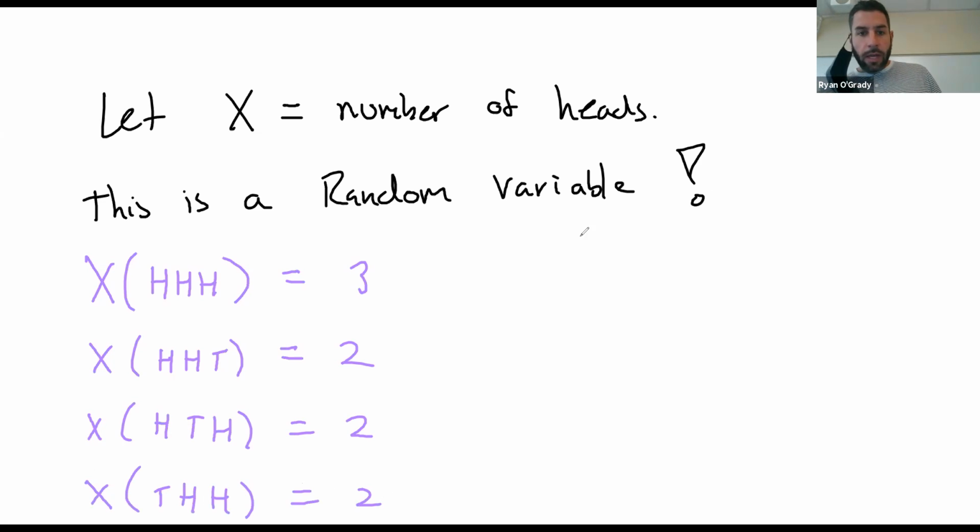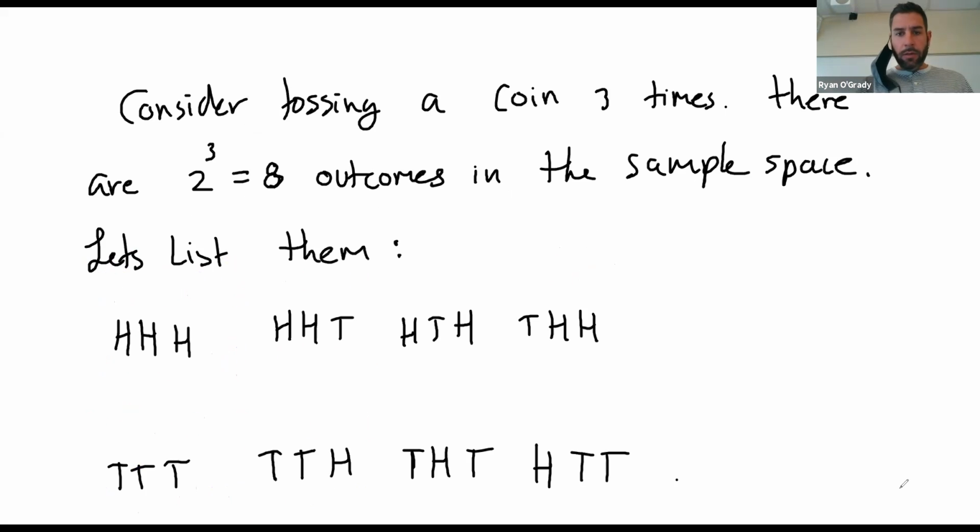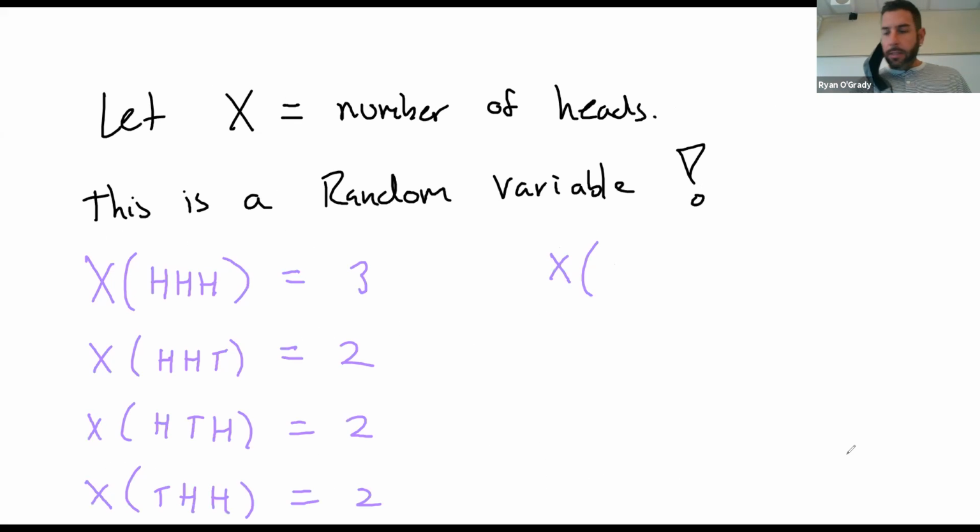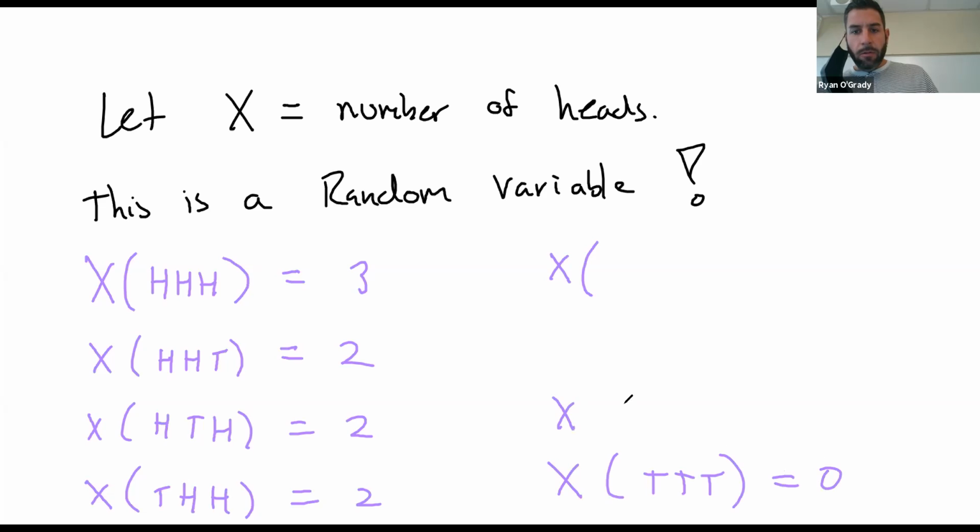We can also do the other ones. The next thing we could do is the other 4 scenarios. So here, let's do tails, tails, tails. There are 0 heads there.